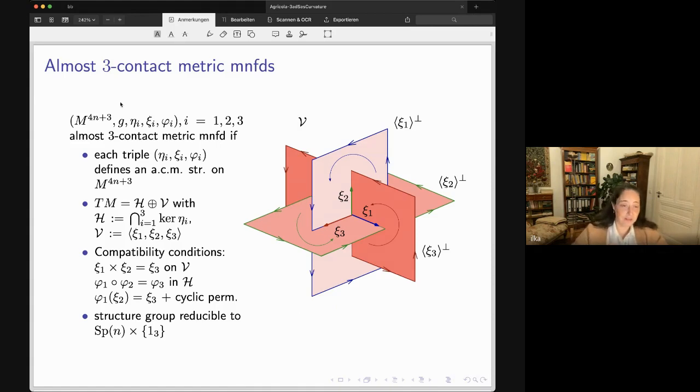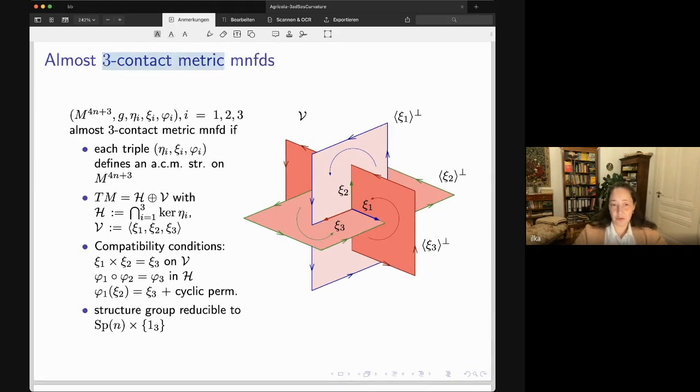The first thing to know is that these are a particular class of 3-contact metric manifolds. So we have a manifold of dimension 4n plus 3, a Riemannian metric, and eta_i, psi_i, phi_i being an almost contact metric structure. So that's what this ACM means.